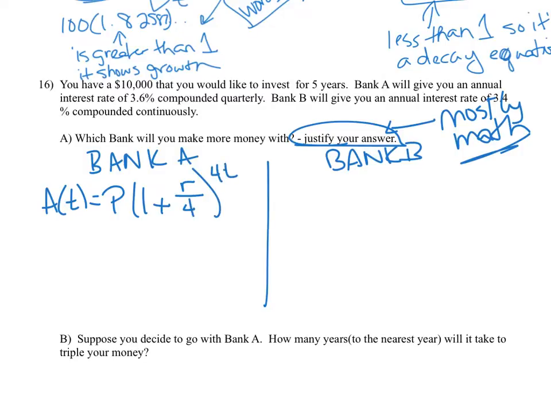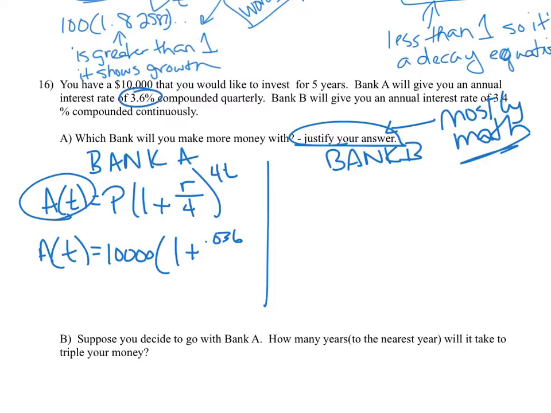We know everything except this number, so this makes this problem pretty easy. So we're going to put $10,000 times 1 plus 0.036. Remember, this is the interest rate, but you have to write it as a decimal, so it's either 3.6 divided by 100, or you just move your decimal place over.